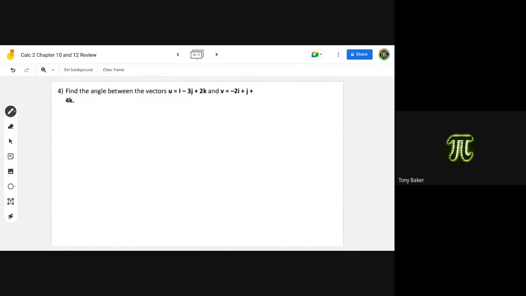All right, dot product. So in this case, we're looking for the angle between these two vectors.